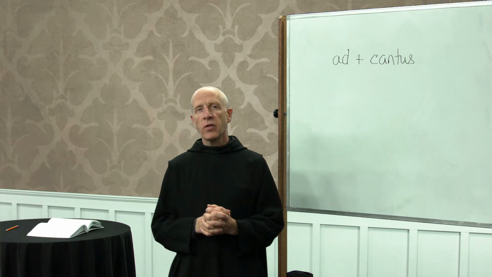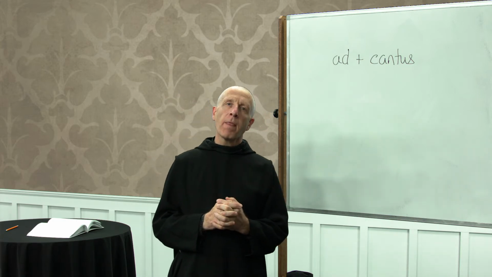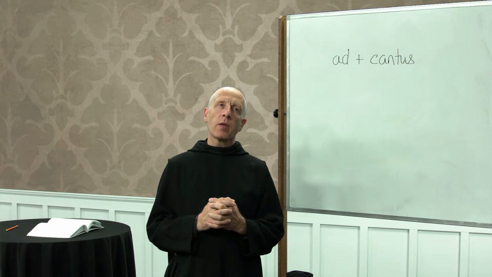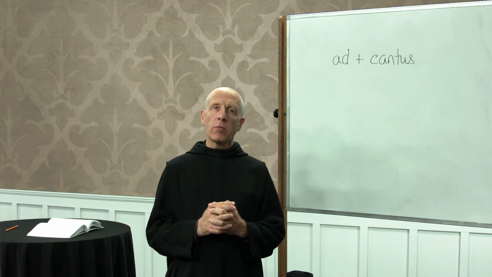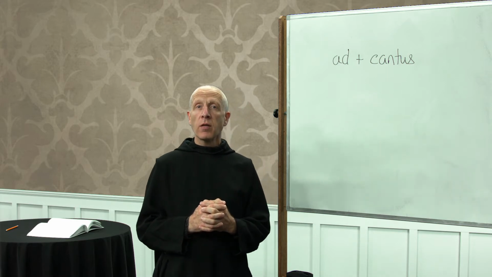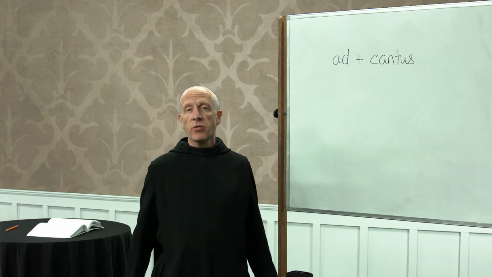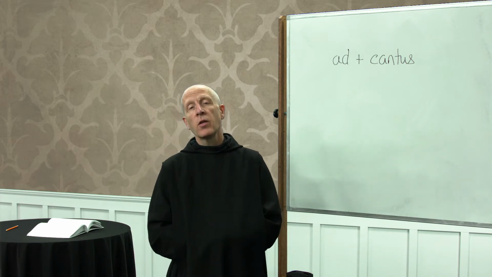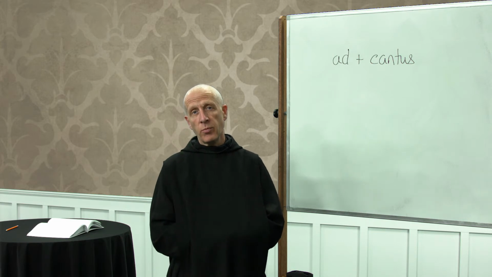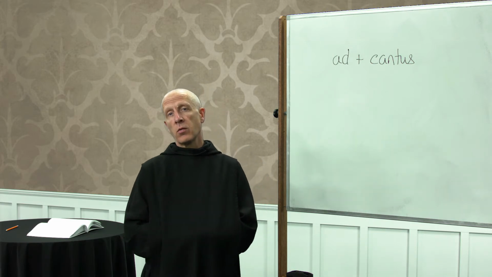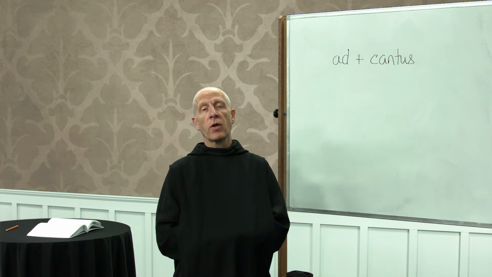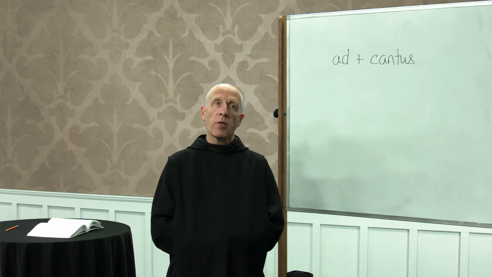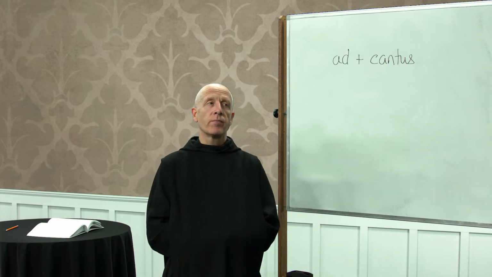But for now, we have to get a little background and realize that in the heyday of Latin culture, around the time of Cicero, which would be the first century before Christ, there were 2 levels of language.